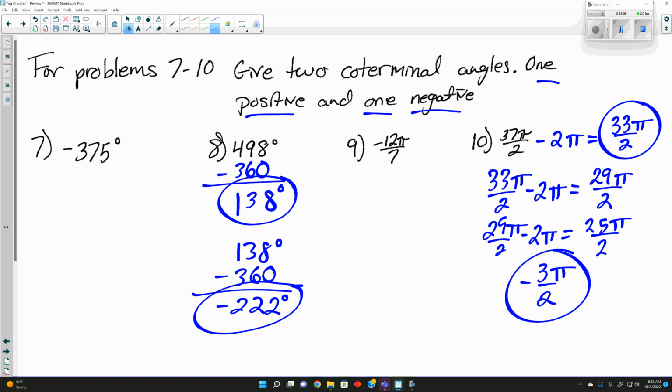Because we had to subtract it once, twice, 3, 4, 5, 6, 7, 8, 9, 10 times. I had to subtract 2 pi 10 times just to get us to a negative angle. I'm not expecting you to write out that subtraction 10 times.